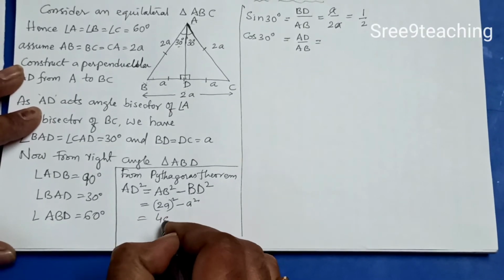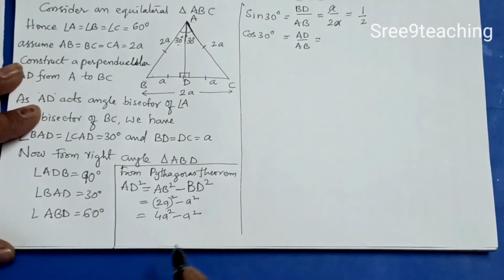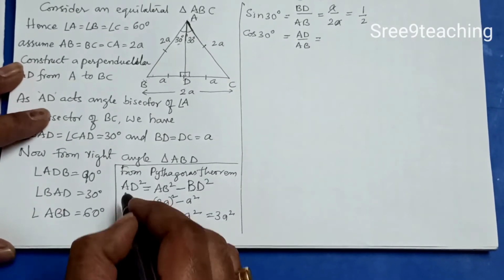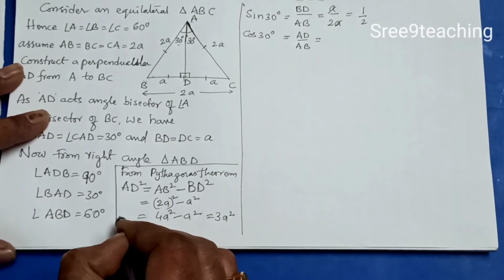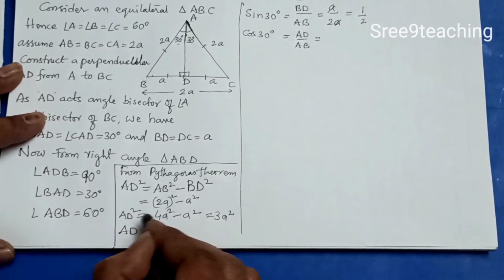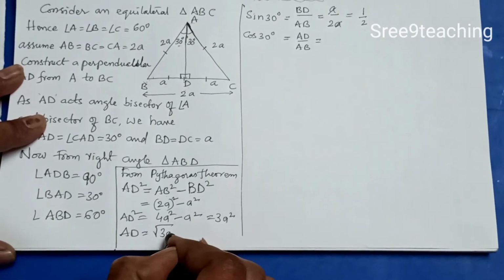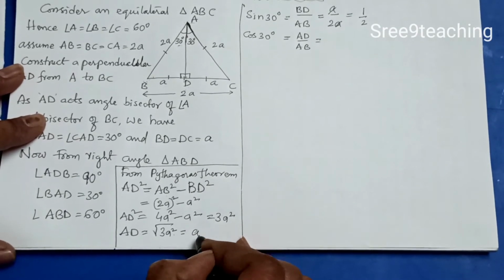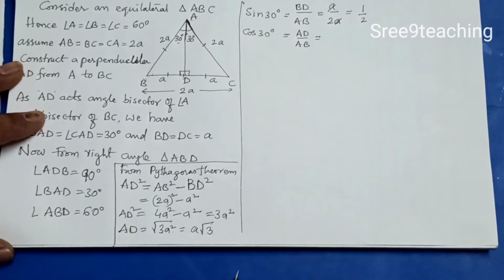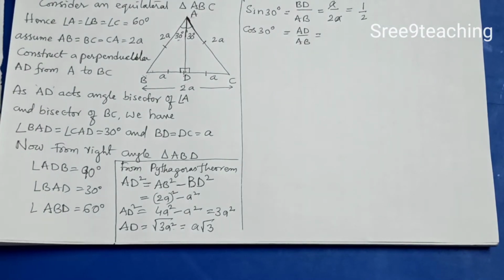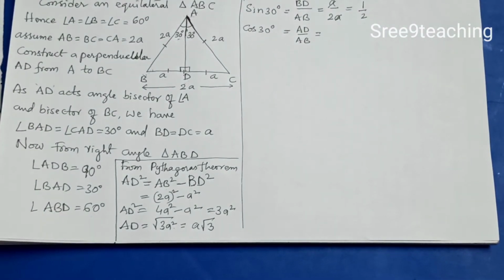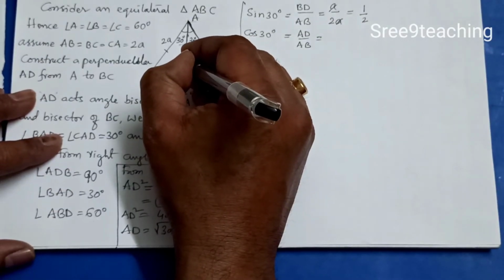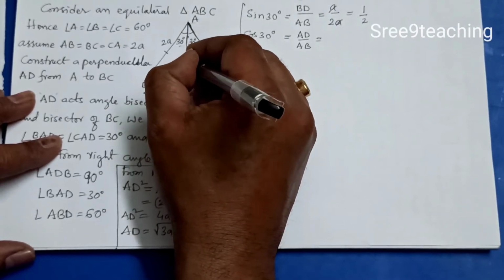Now this is 4A square minus A square, which is equal to 3A square. We want AD, so AD is equal to root of 3A square, which is A root 3. So we got AD is equal to A root 3.